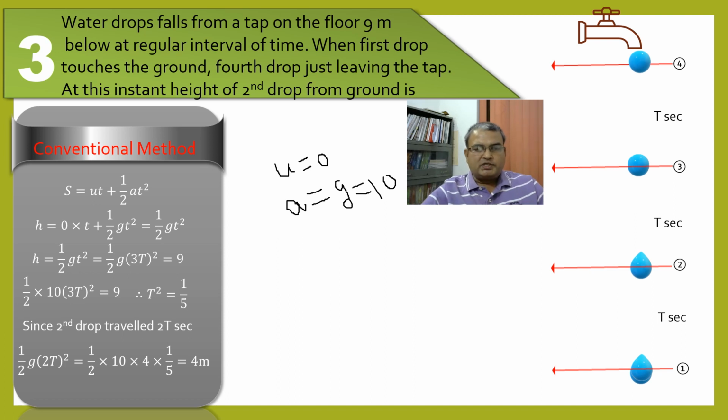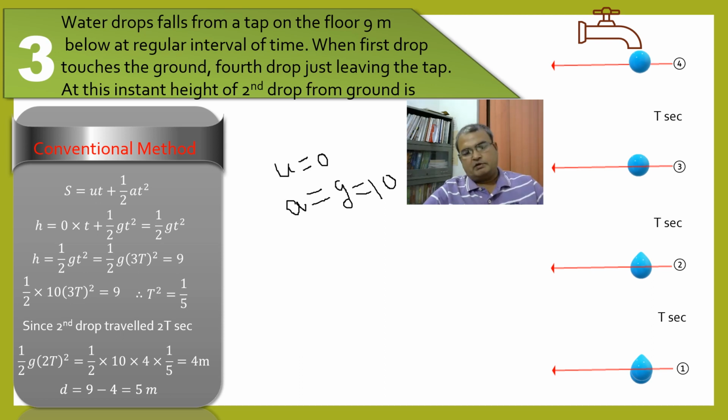Means in 2t second, the second drop traveled the 4 meter from the tap. Total is how much? 9. 9 minus 4 is 5. Then the separation or the height of the second droplet from the ground is the 5 meter.